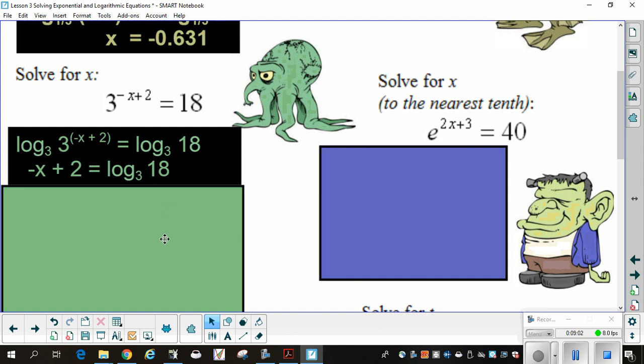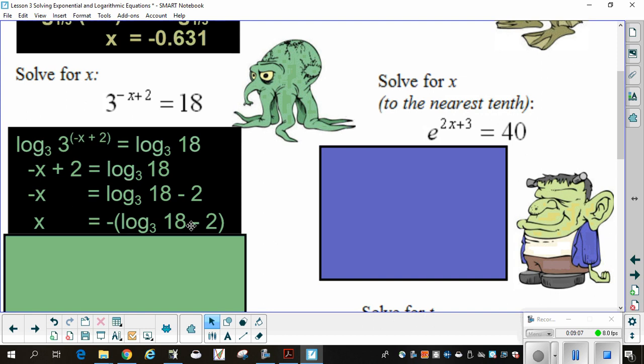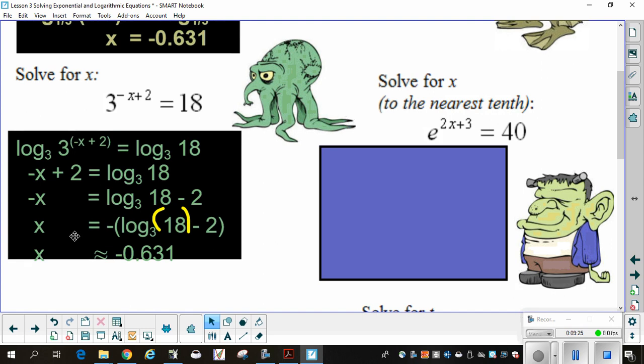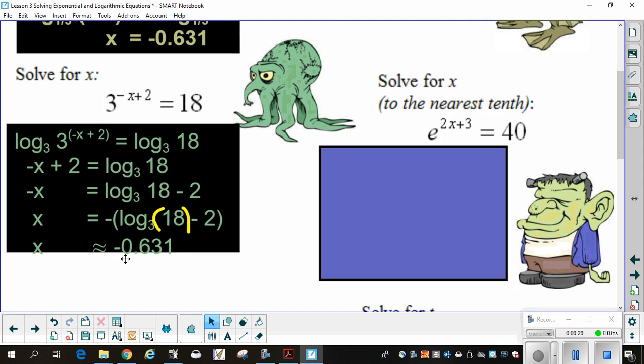I subtract 2 from both sides, and then I'm going to divide both sides by -1, or multiply by -1, either one. And then I'm going to plug this expression. And don't forget, you will need to put your parentheses around this when you put it in your calculator. And I will come up with -0.631.